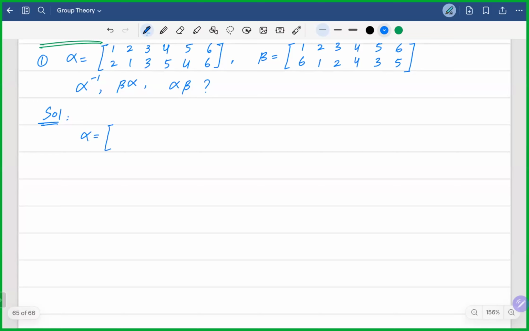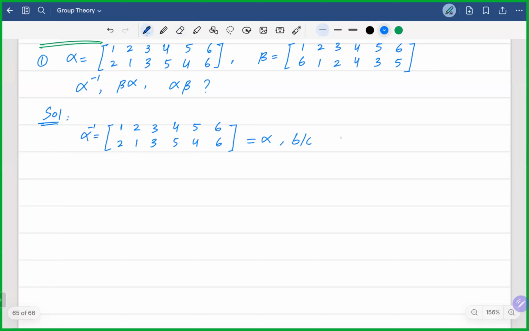So the alpha inverse is going to be equal to something which is 1 goes to 2, 2 goes to 1, 3 is fixed, 4 goes to 5, 5 goes to 4, and 6 is fixed. Now there is a reason behind it, because it is the same as alpha.